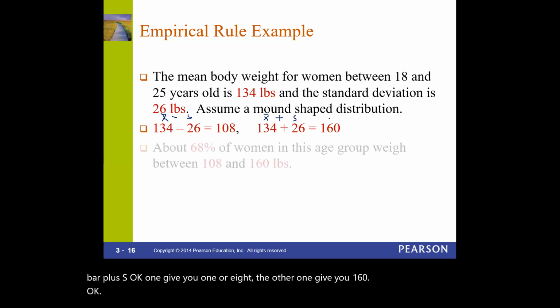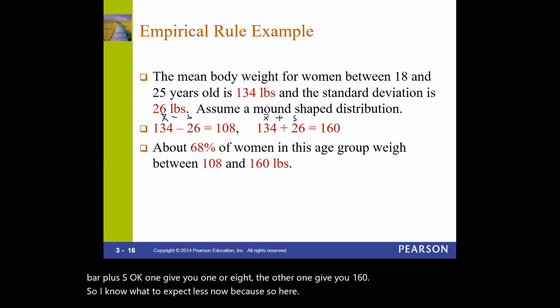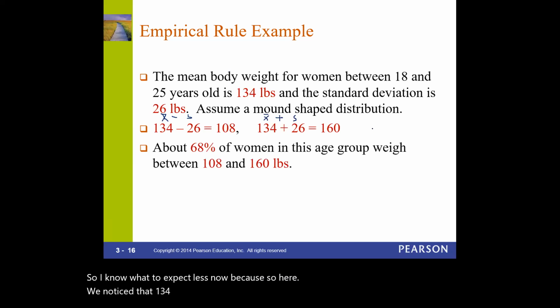So here we notice that 134 is within that range. If you do 108 all the way to 160, the mean is about 134.